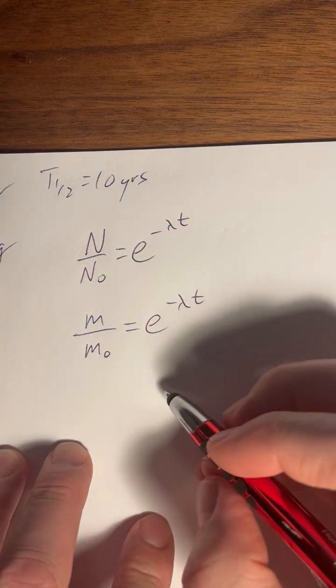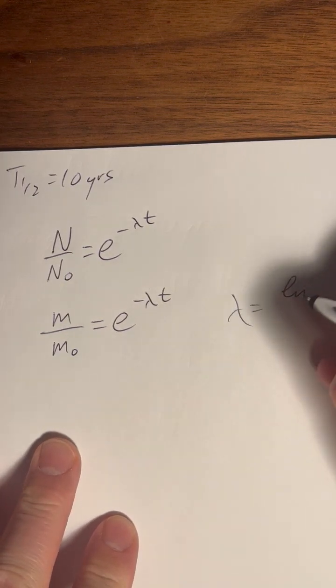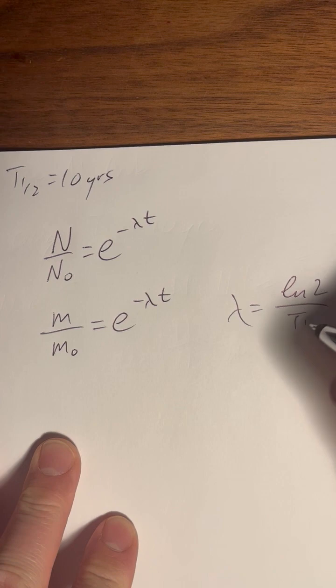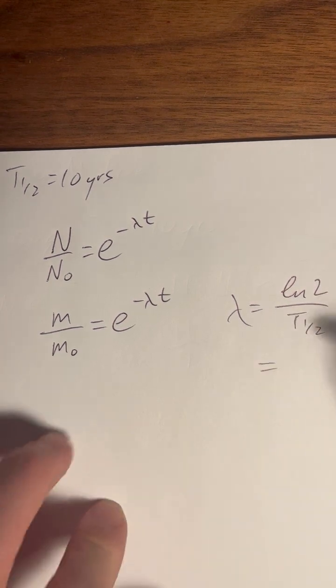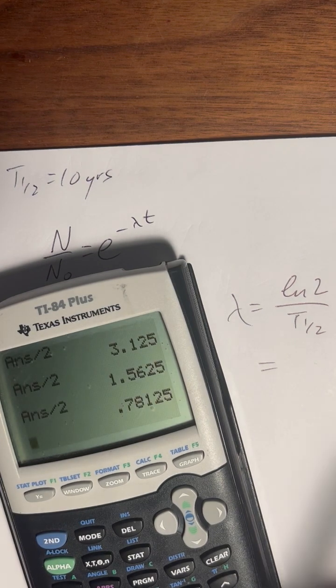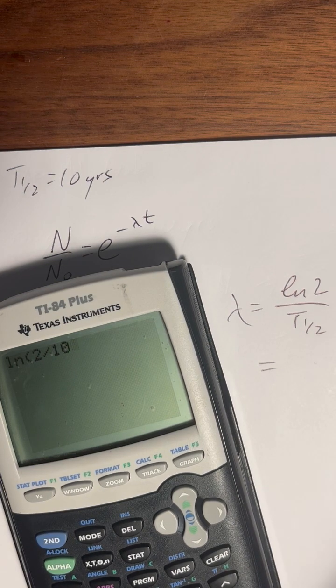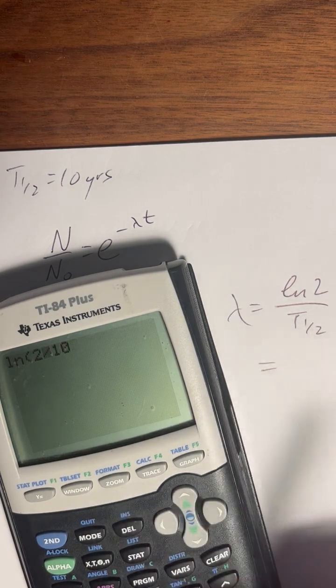And so now we have to find lambda first. So lambda is the ln of 2 over the half-life. So if you do the ln of 2 over 10, which is the half-life. Oops, can't do that. Got to finish this bracket.